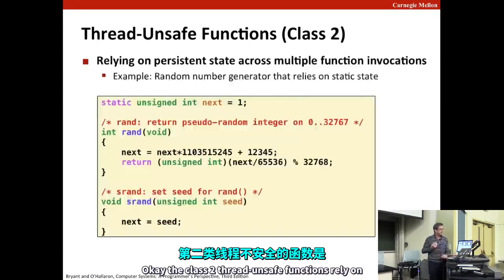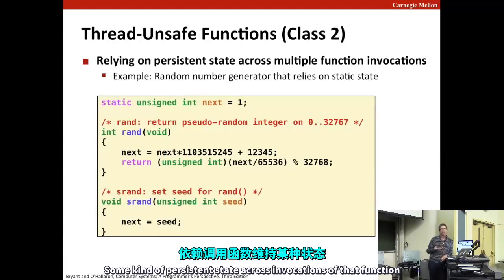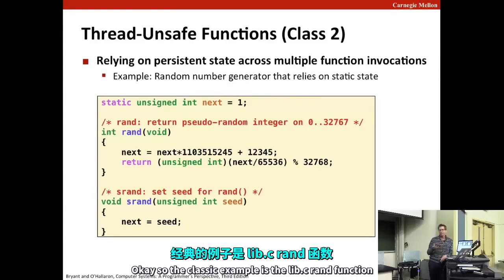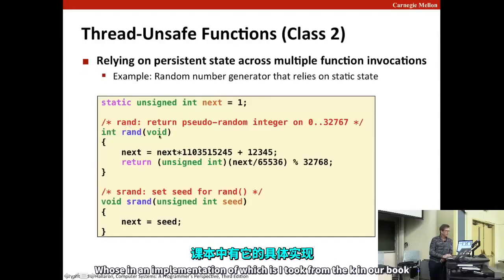Okay, the class 2 thread unsafe functions rely on some kind of persistent state across invocations of that function. So the classic example is the libc rand function, an implementation of which I took from the K&R book.